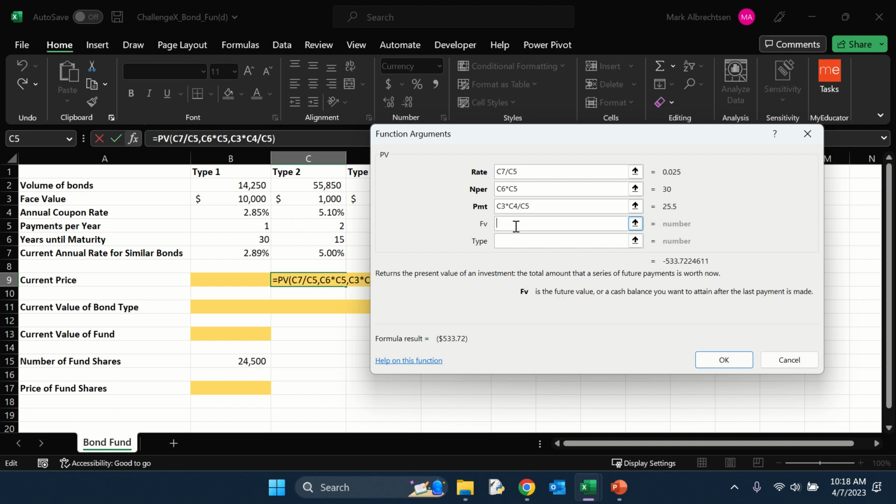Okay, and then for this specific investment, we're going to want to add in a future value, because at the end of the period when the bond matures, we get the face value of the bond. So that will be our future value.